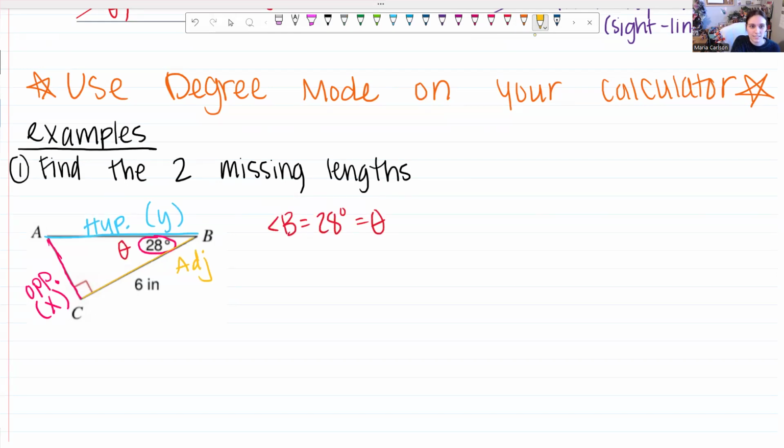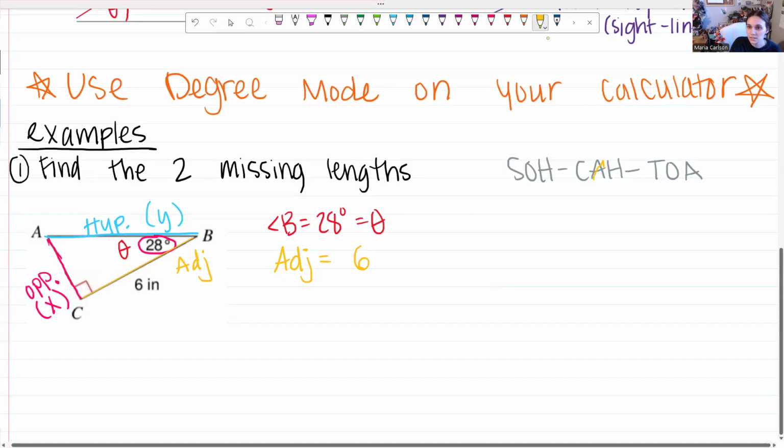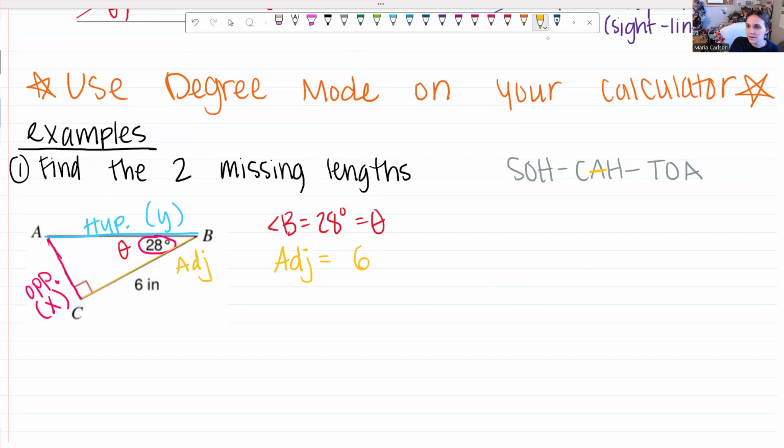And then our adjacent side is 6. So the acronym to help us with this is going to be SOHCAHTOA. And we know the adjacent side, right? I know the A. So I'm going to be working right now with either cosine or tangent.